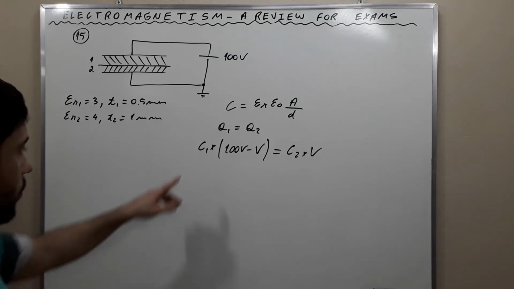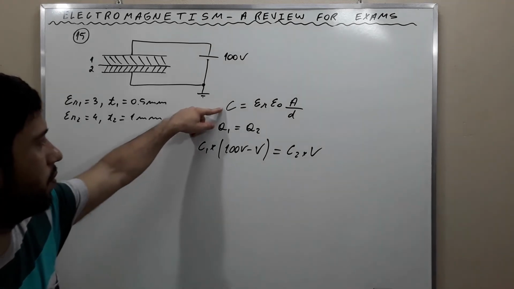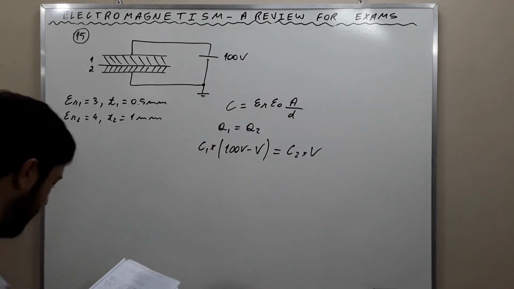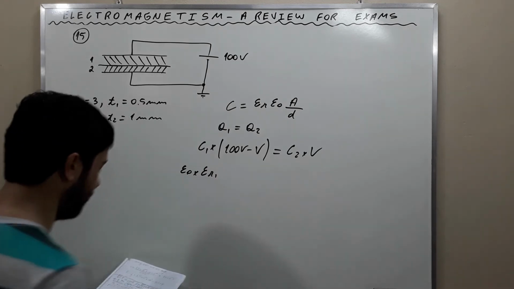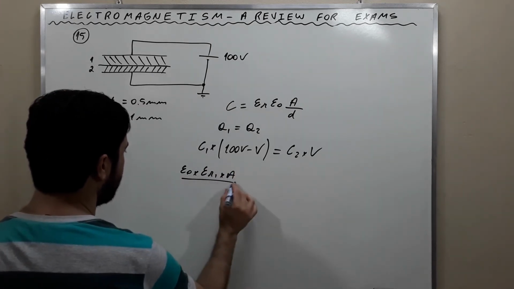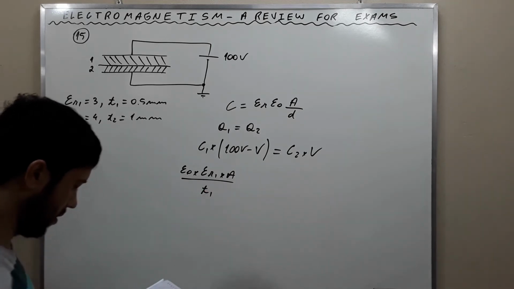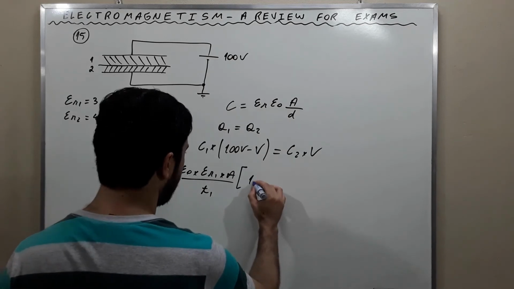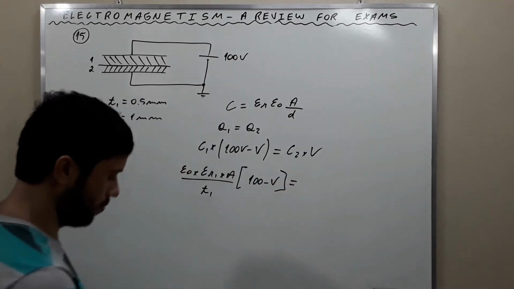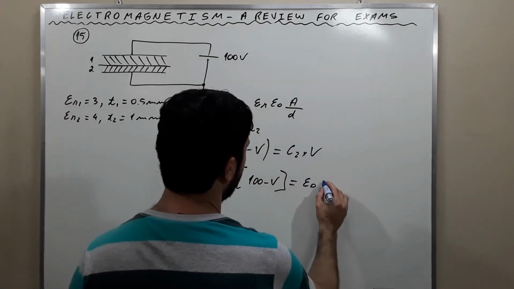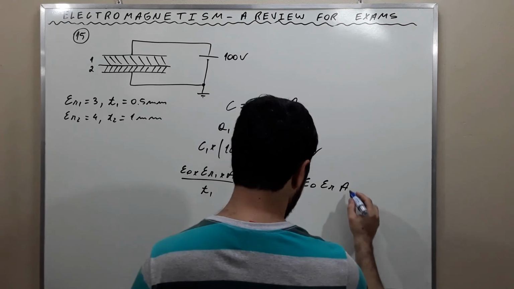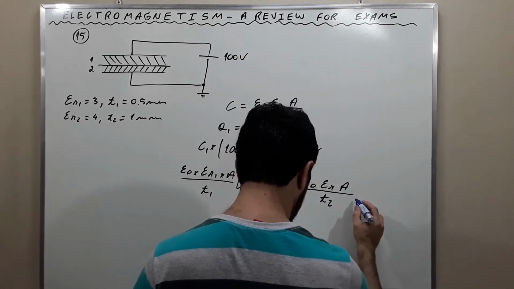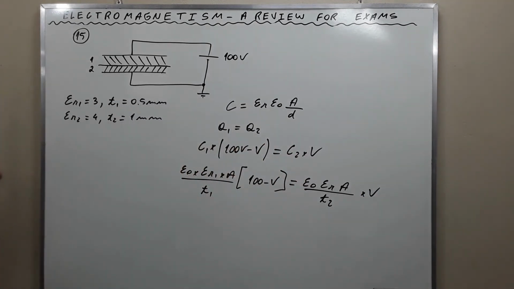And this capacitance here, capacitance 1, can be found by using this expression here: permittivity of free space times the relative permittivity of dielectric 1 times the area divided by the thickness, multiplying 100 minus V, will be equal to epsilon 0 epsilon R A over T2 times the voltage that we want to calculate, the voltage at the foil.